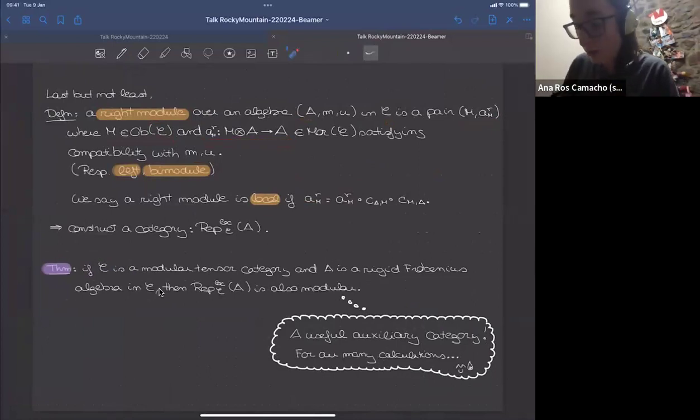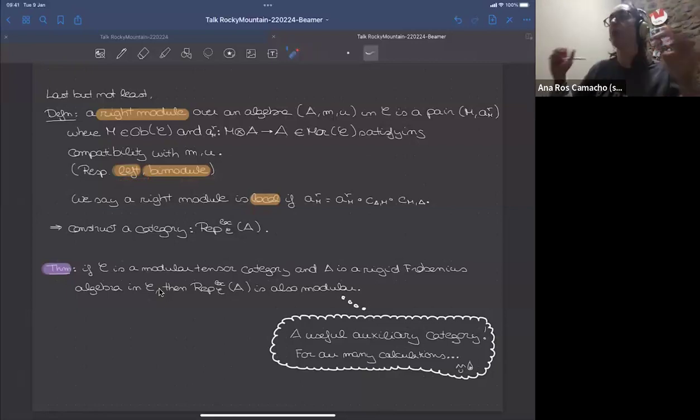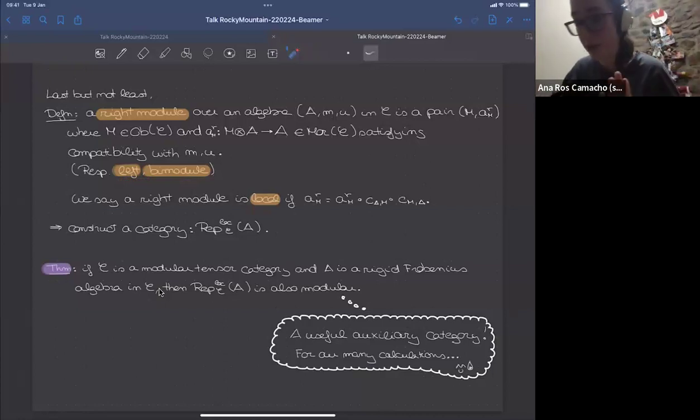It's the same notion as a module over an algebra, but in the categorical setting, and one can do the same thing with left modules and bimodules. We say a right bimodule is local if you twist, so you break algebra and object, and act again, it should give you the same as if you just act, so nothing really happens.